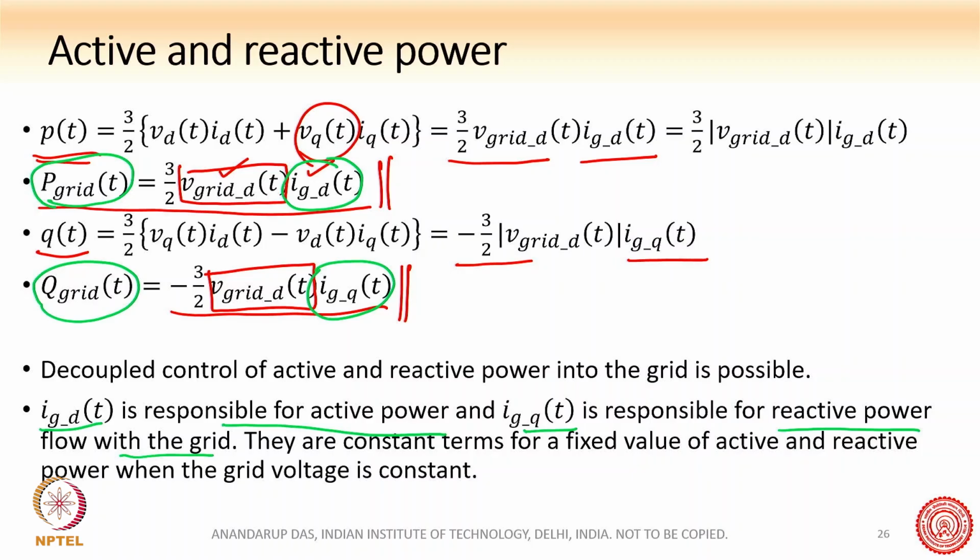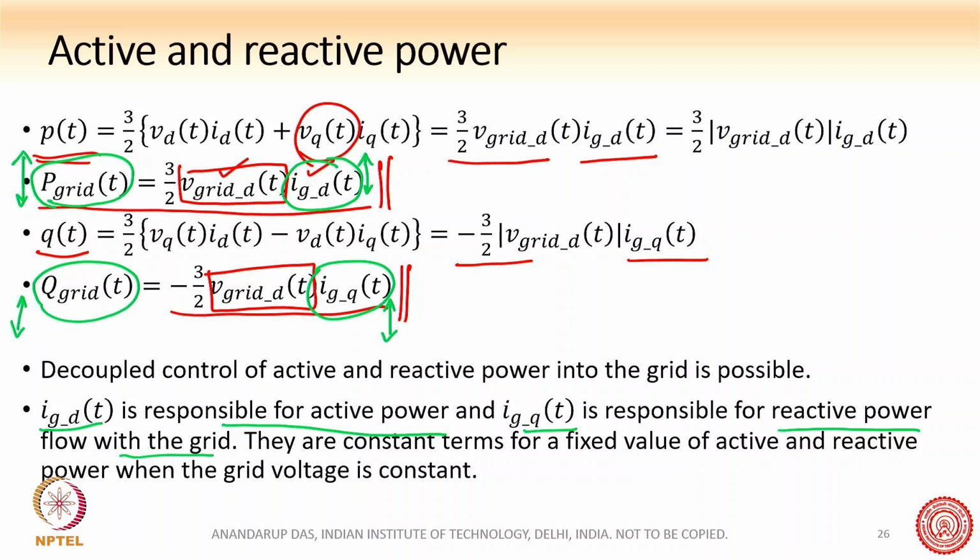If I vary IGD, I will be able to vary P grid. Similarly, if I vary IGQ, I can vary Q grid, and they are decoupled from each other. Provided V grid D is constant, IGD alone is responsible for control of P grid, and IGQ alone is responsible for controlling Q grid. So they are now decoupled controls.